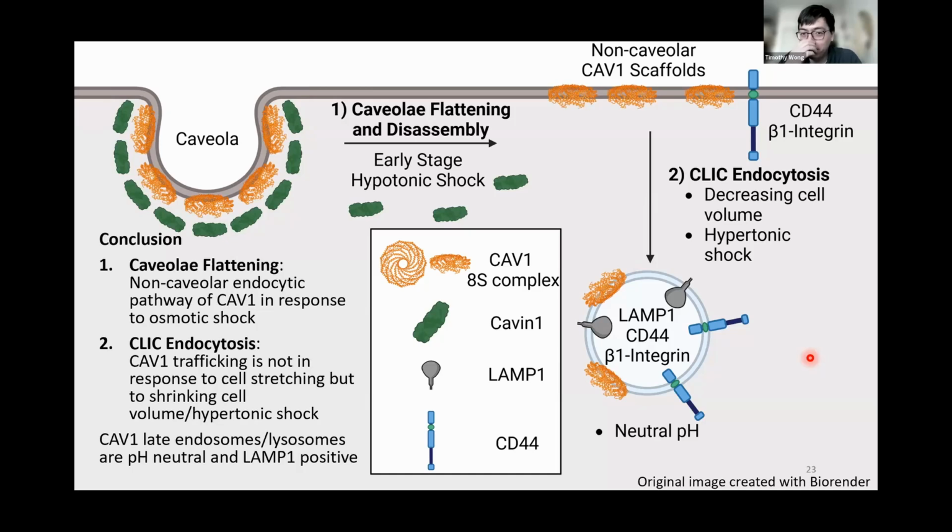Yeah, size, for sure. That was, I think, the most challenging part of this project, trying to really identify what these structures are. So we tested a lot of markers, including Rab5, Rab7, early and late endosomes, but we didn't see anything there. So when we saw the LAMP, it was quite interesting. As you mentioned, they're much larger. So we looked back into the literature, and a 2020 paper showed that the lysosomes were swelling with hypotonic shock.